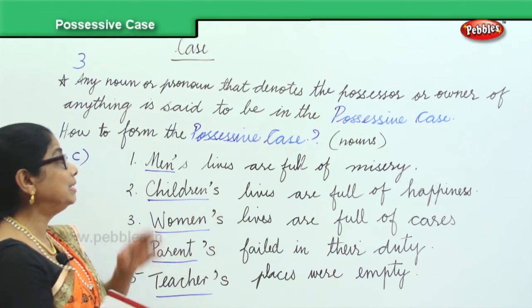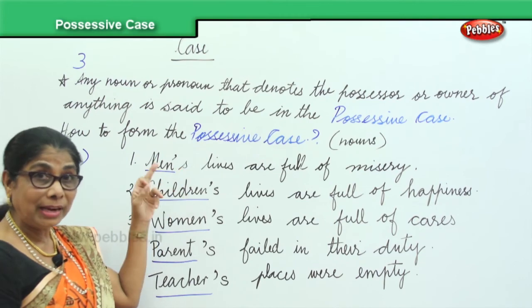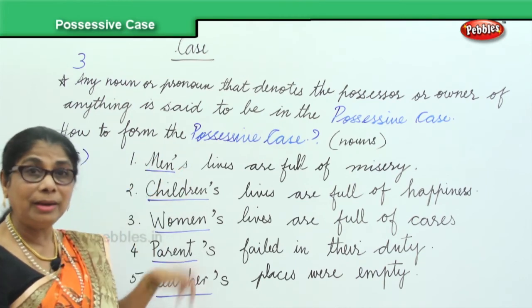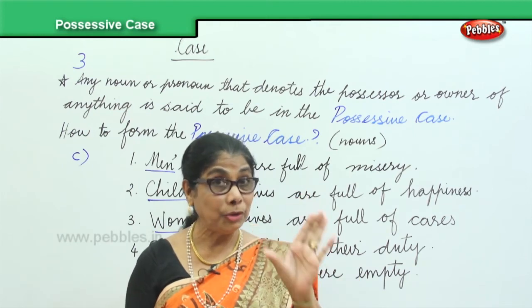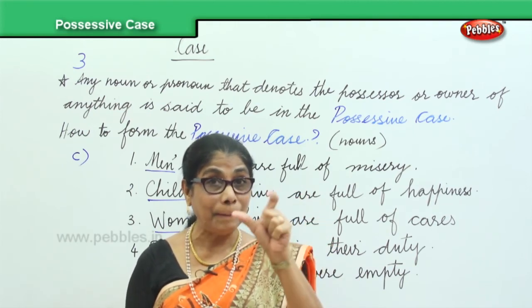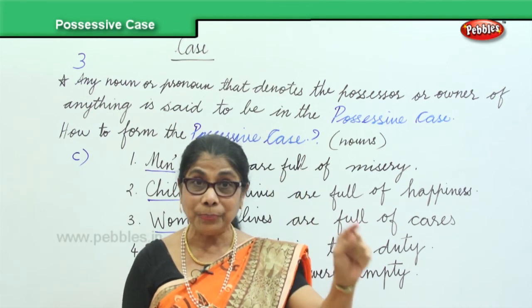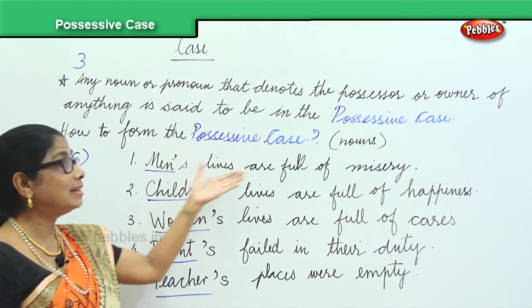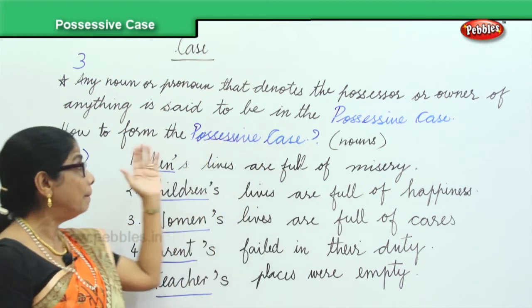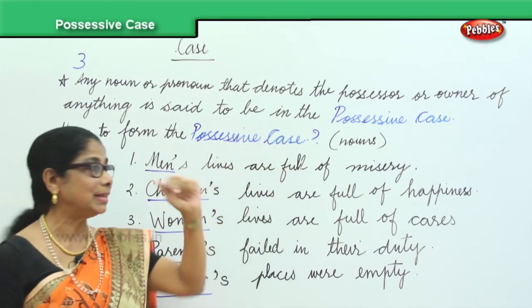So, when there is many, the apostrophe comes after the plural word followed by an S. In plural, the apostrophe comes after the men. You put the apostrophe followed by an S. Here you say men's lives, that means life of many men. Men's lives are full of misery.